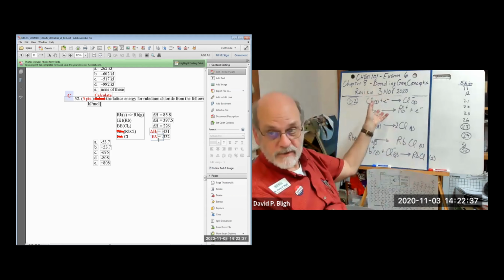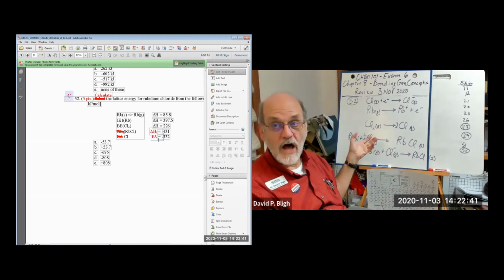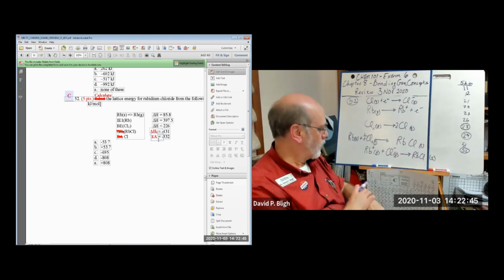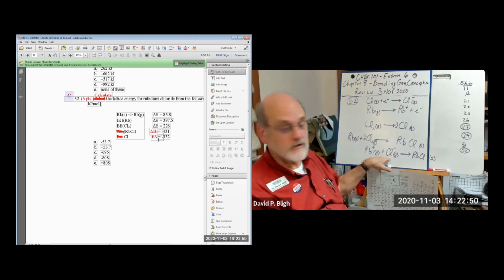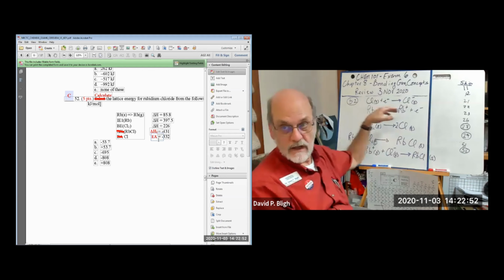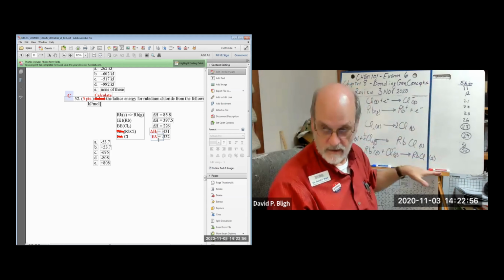Some of them have to be flipped. Some of them might have to be multiplied by a constant, either a whole number or a fraction, in order to end up with that equation. Then once you've got them ordered and the delta H's correctly modified, then you can add them together and get your answer.